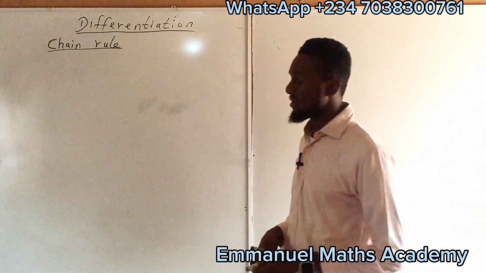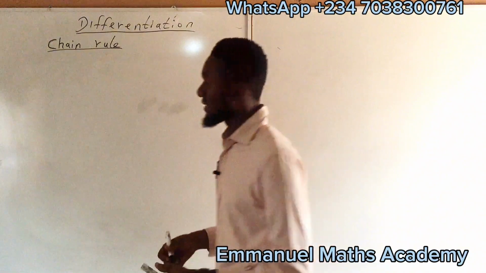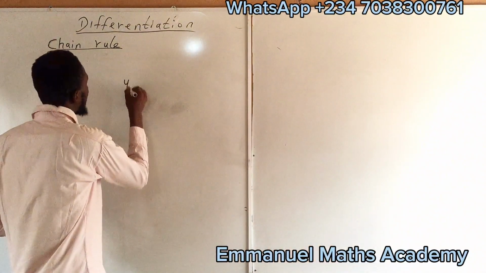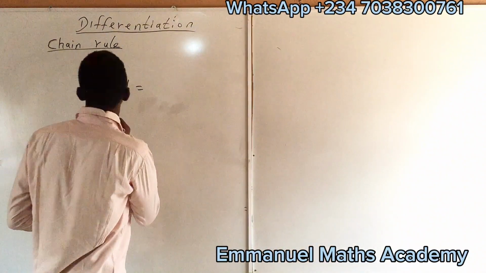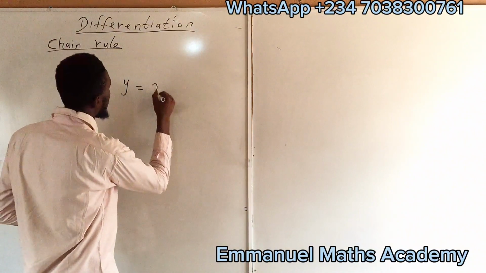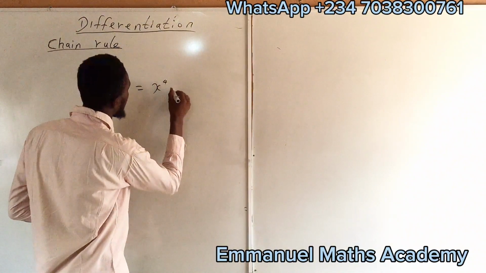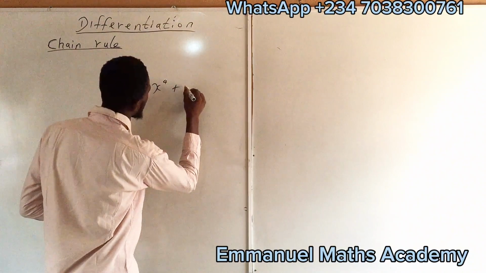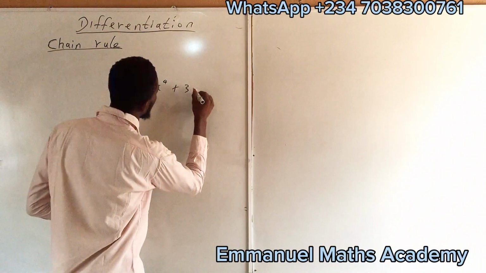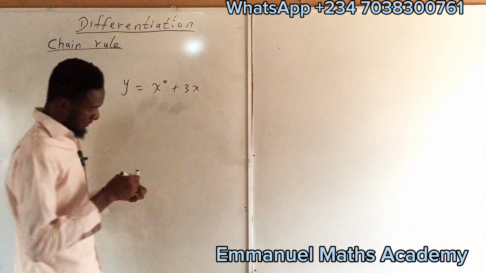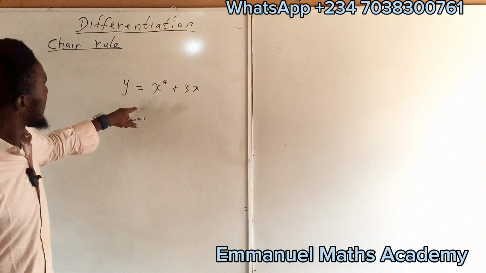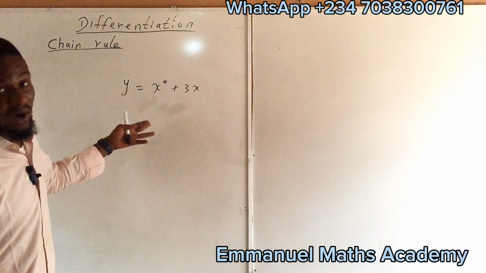Now look at what I mean. If you are given a function like y is equal to x power 4 plus 3x, you have to find the derivative of this, that's the dy dx.